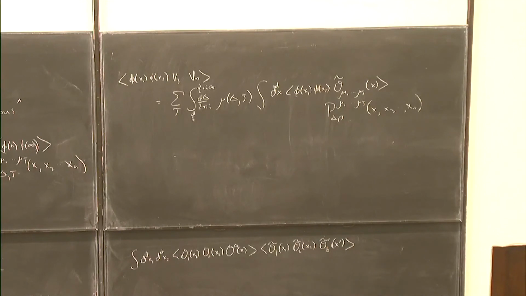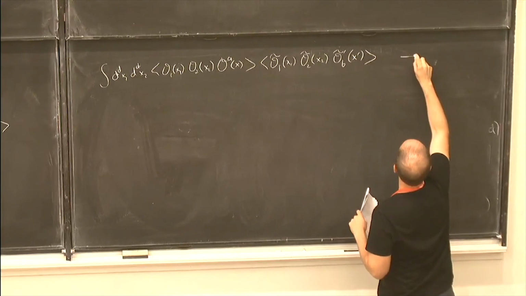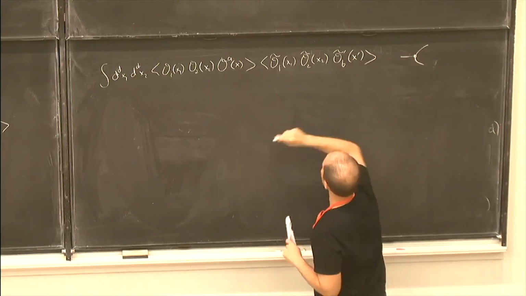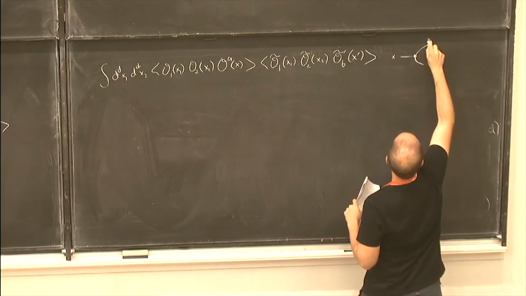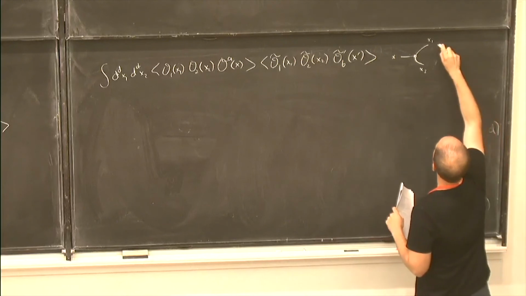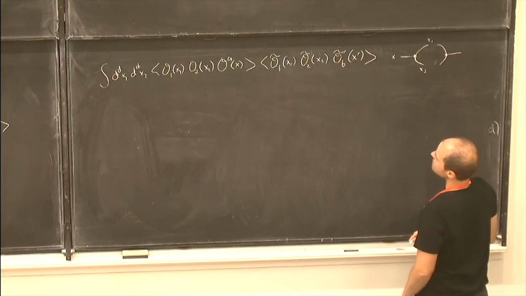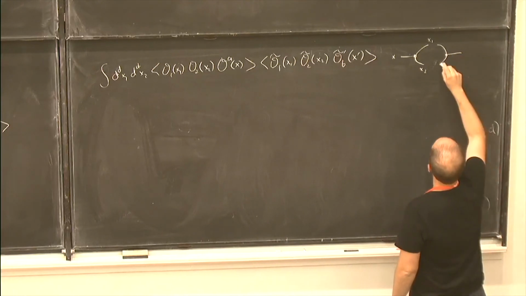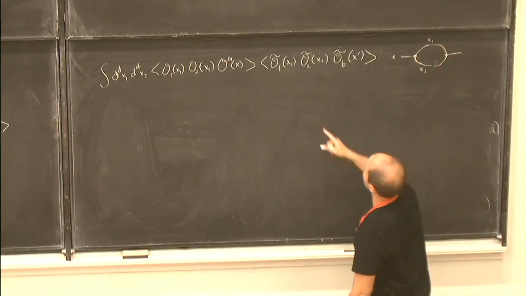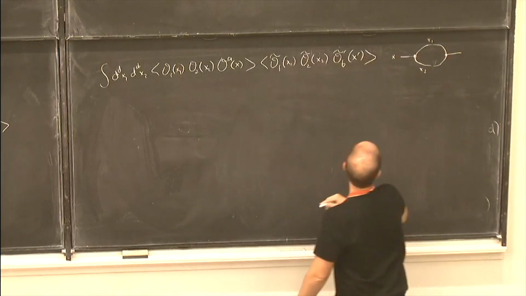It's a bubble integral because I can think of each of these 3-point structures as some trivalent vertex. So this thing is a trivalent vertex where this is x, this is x1, and this is x2. And here I'm integrating it against a shadow 3-point structure. So I'm connecting up 2 of these lines because I'm putting both of these operators at x1 and both of these operators at x2.